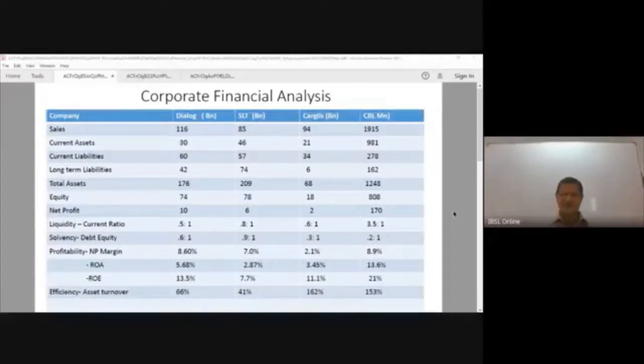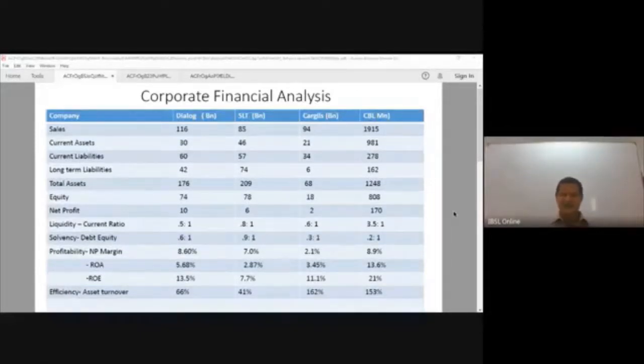So today on these slides, which are on screen, I have taken 4 leading corporates in Sri Lanka. 2 I have selected from the same category of business. The first one is Dialog, which is in the telecommunication industry, and SLT, Sri Lanka Telecom, also in the telecommunication business.